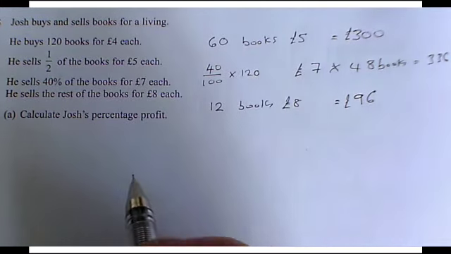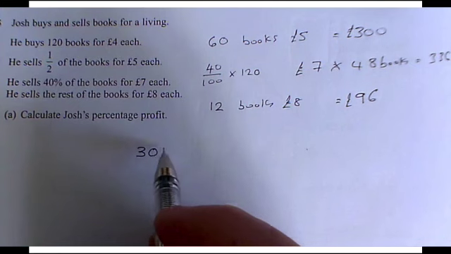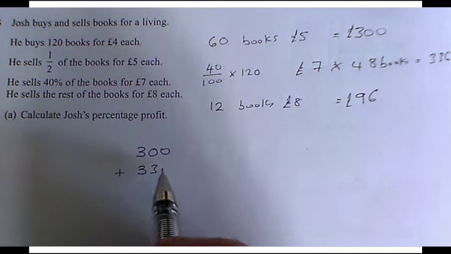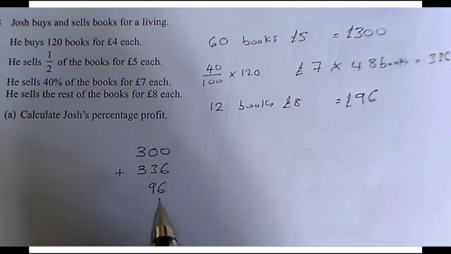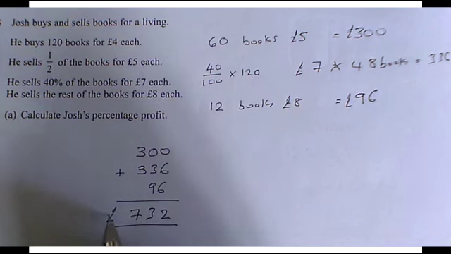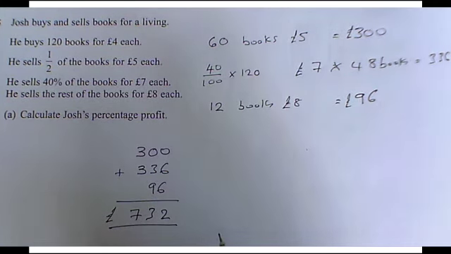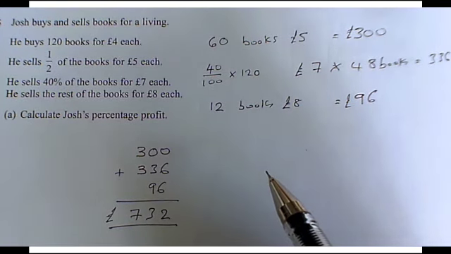So if we work out now how much money he's made, it's 300 plus 336 plus 96, and we can see he's made £732. So he spent 480 getting these books, and he sold 732. So we can work out how much money he's made by doing 732 take away 480.